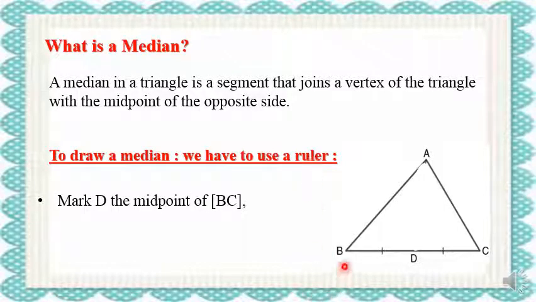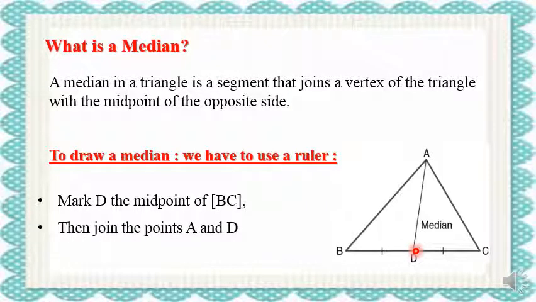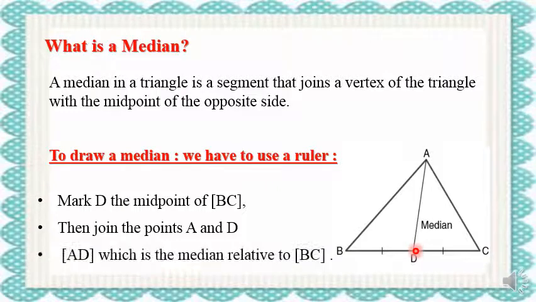First of all, we mark the point D, since we are going to draw, in this case, the median AD relative to the side BC. We measure the length of BC and we mark point D, the midpoint. Then we join A and D to get the median AD relative to the side BC.